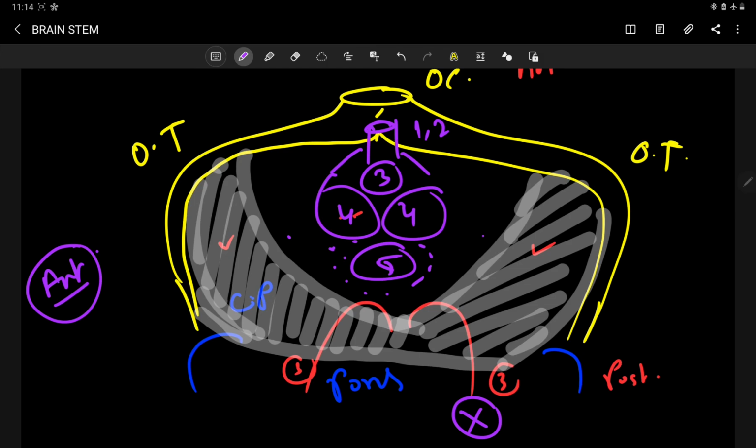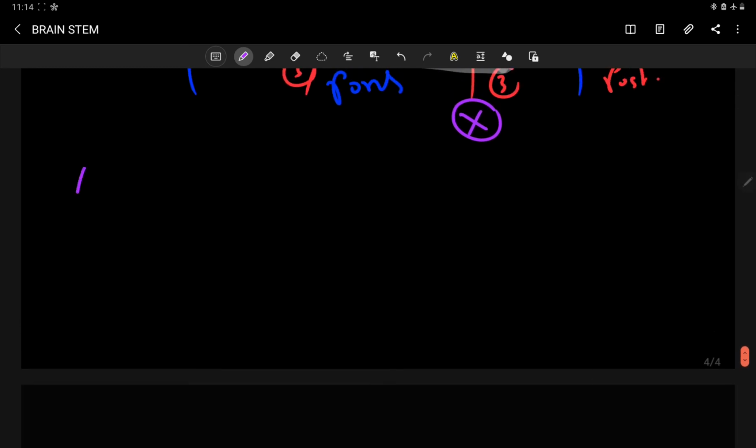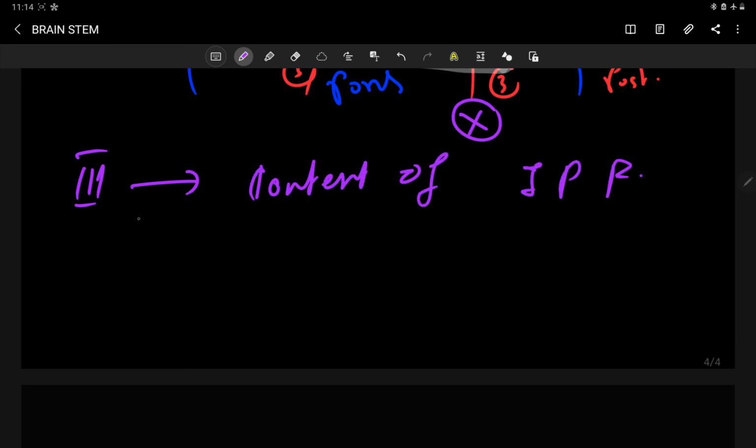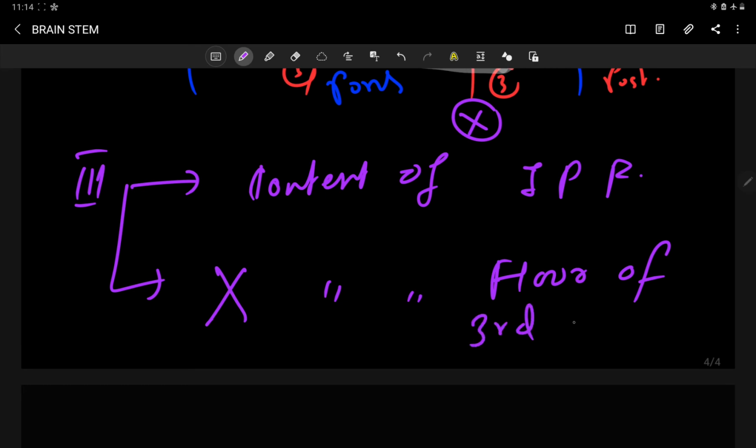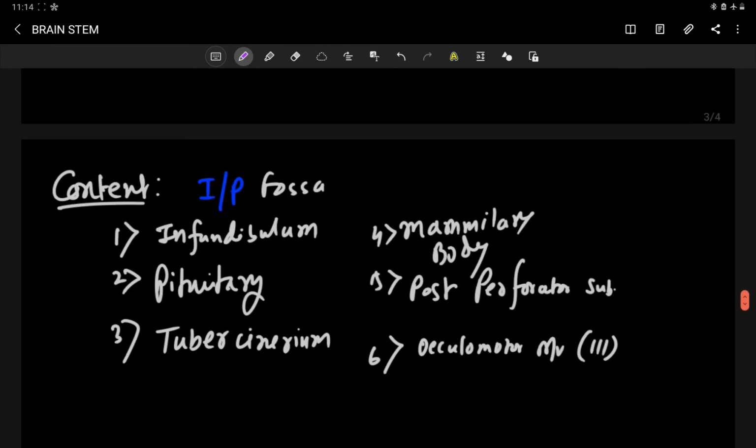But the oculomotor nerve is not a content of the third ventricle floor. True? Yes, it is true. So the third cranial nerve is only a content of the interpeduncular fossa, but it is not a content of the floor of the third ventricle. All the remaining ones are present in the floor of the third ventricle.